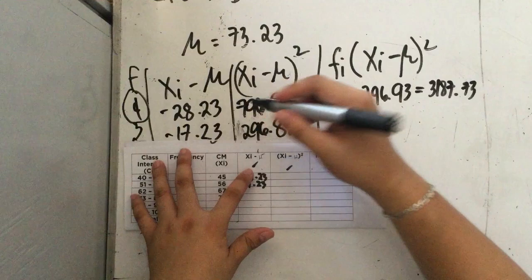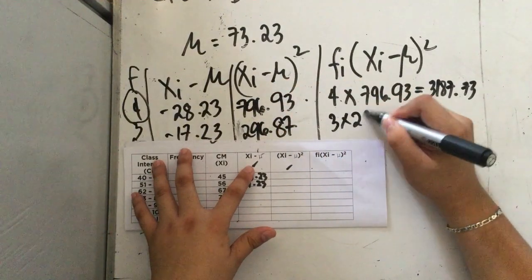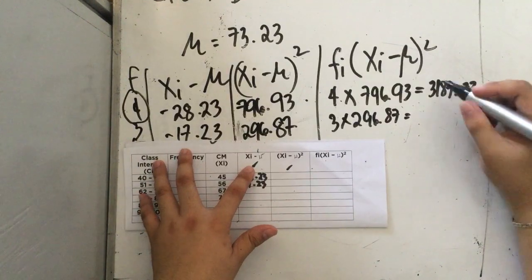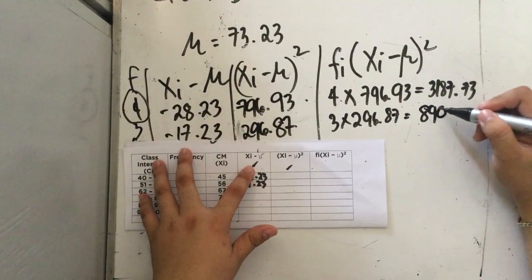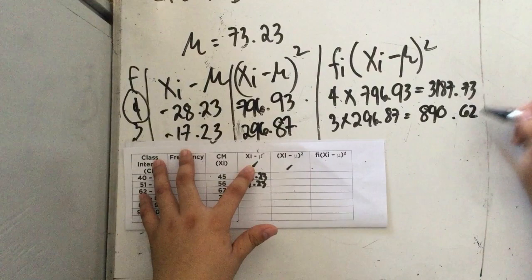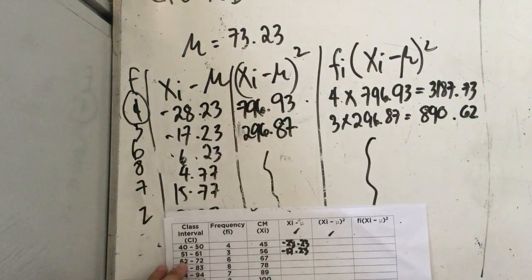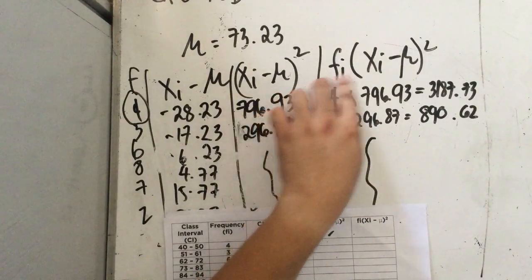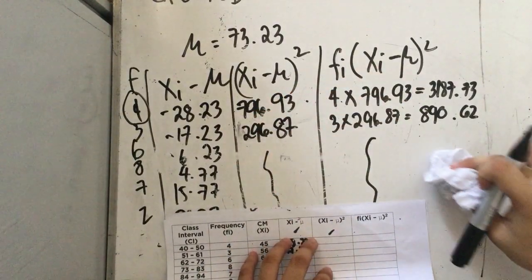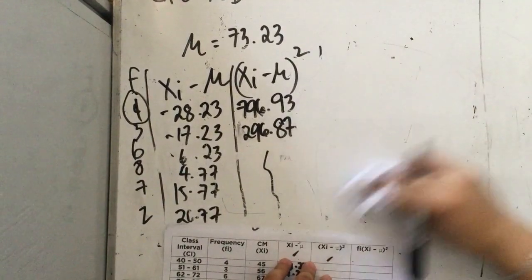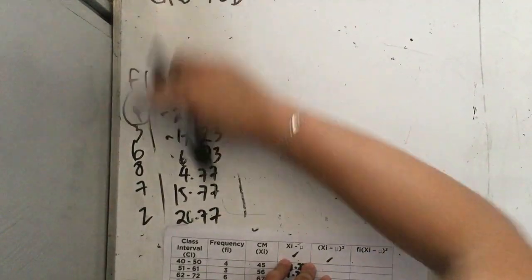Next, we have 3 times 296.87, which is actually equal to 890.62. Okay, so for the rest, pwede nyong i-compute. Then, makukuha natin yung value ng f of I times x sub I minus our mean square. Okay, so yun yung table natin.